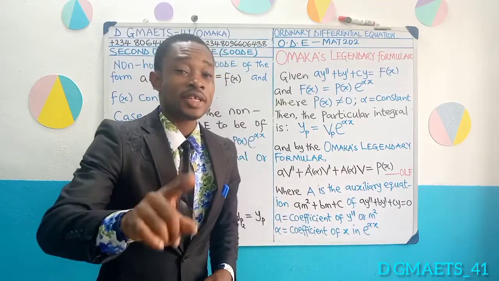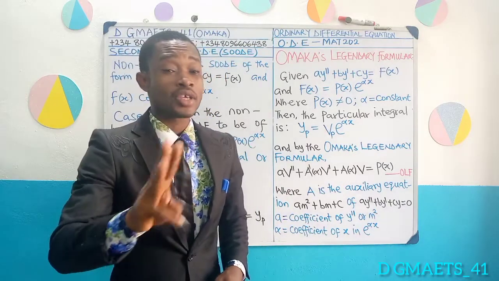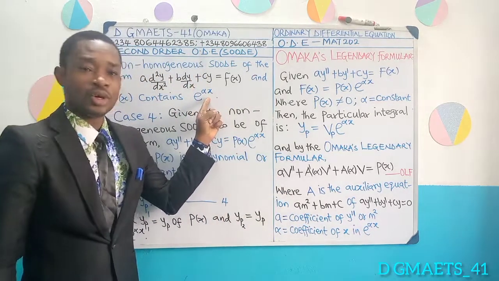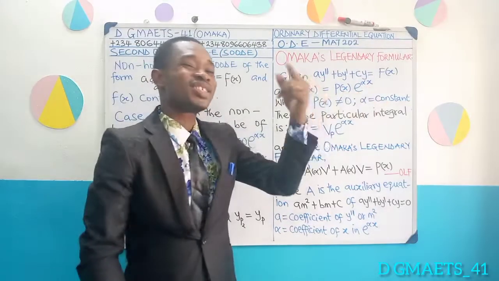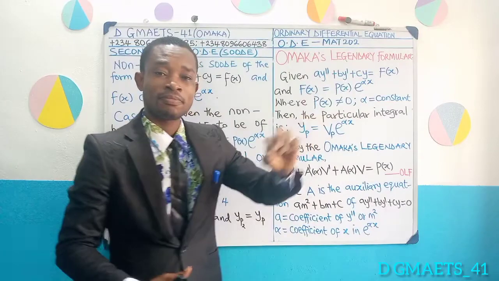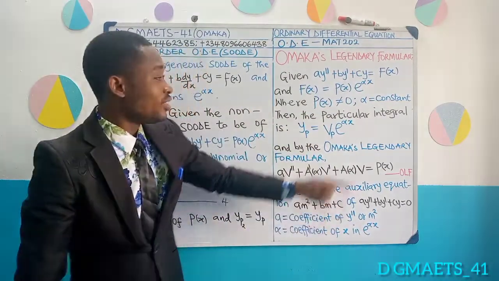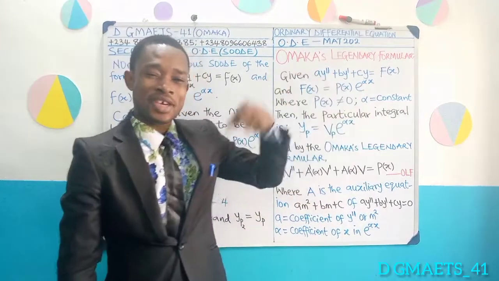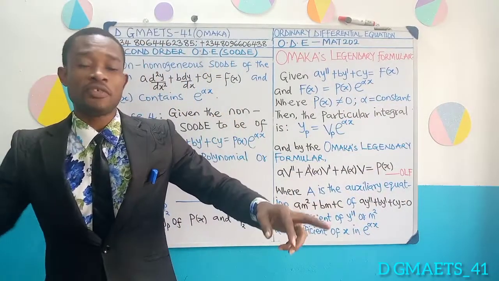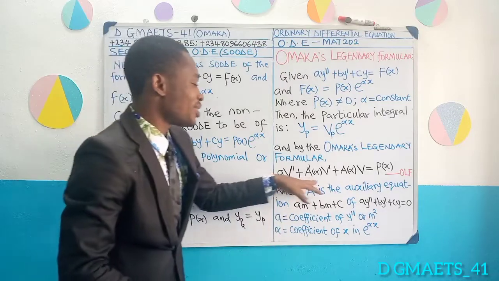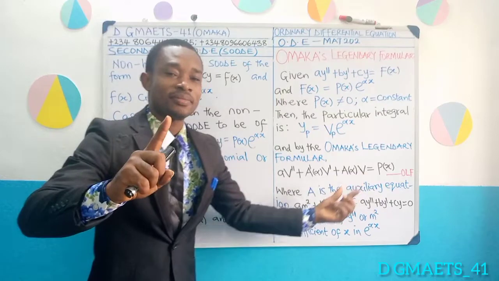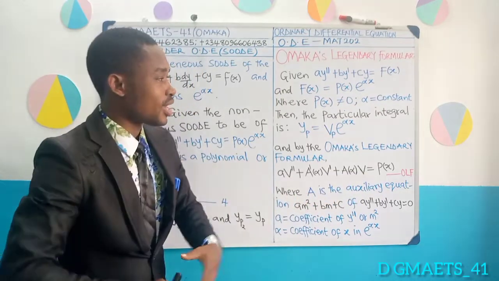What I just said here is based on the fact that we have case 1, case 2, case 3. Case 1, where the exponential term in the f of x does not appear in the complementary function you obtain by solving this homogeneous part. Case 2, if the exponential term in the f of x appears in the complementary function, then coming to this Omaka's legendary formula, this first term will not be there. So I'm going to isolate those cases in the next video.